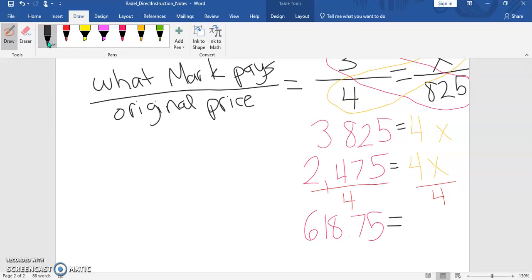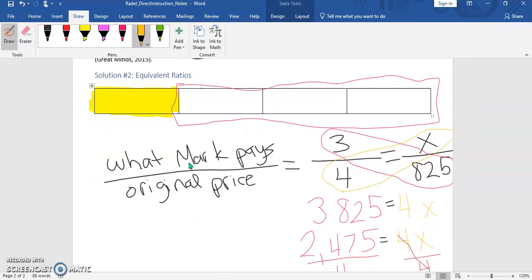The equal sign stays the same. 4 divided by 4 is just a 1. So now we have 1x, or x, on the right-hand side.